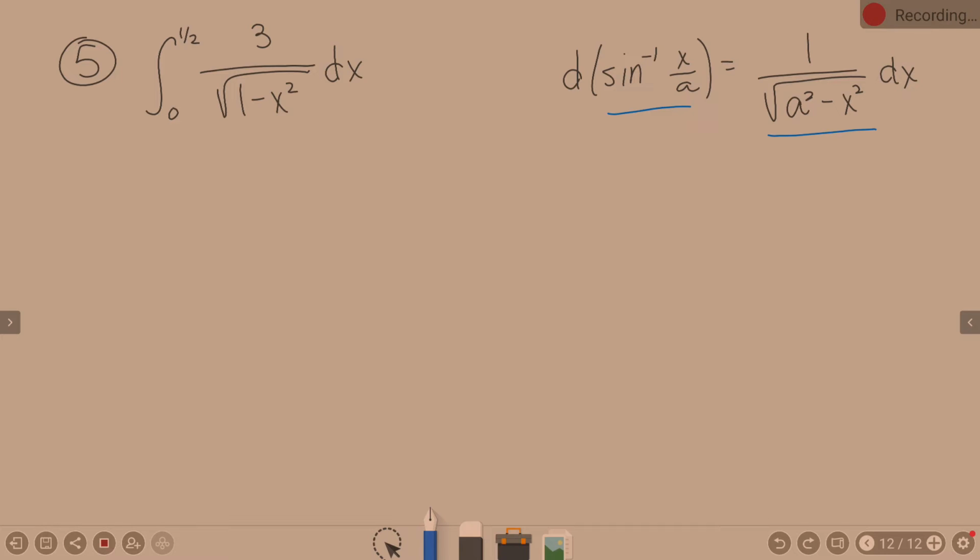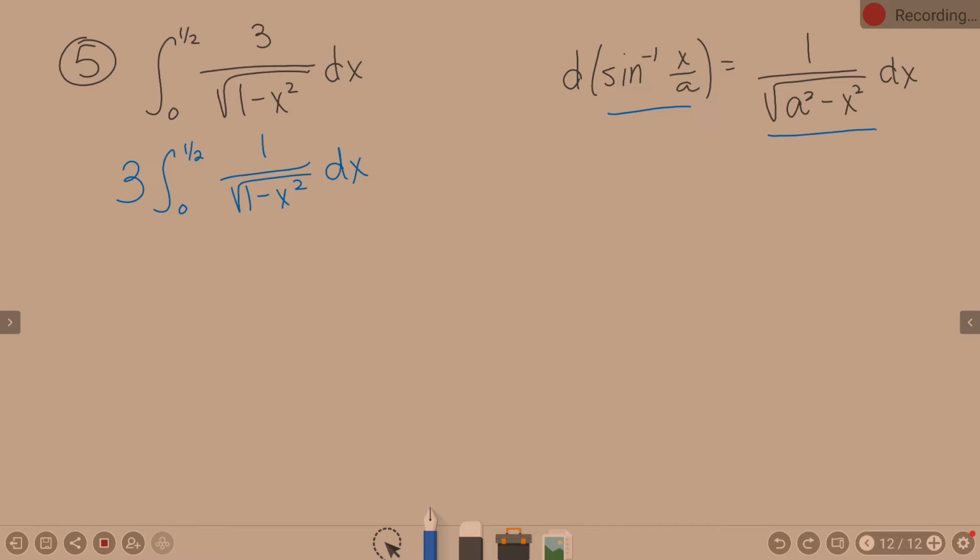First of all, one thing that might help you is realizing there's a random 3 in there. That random 3 in the numerator can be pulled out front as a constant. And so another way to view this is 3 times the integral from 0 to 1/2 of 1 over the square root of 1 minus x squared.